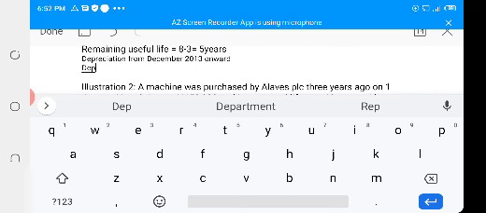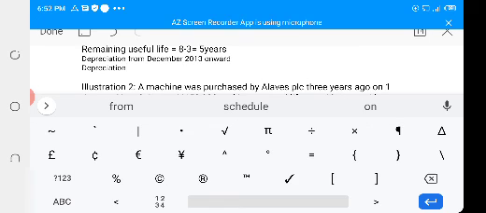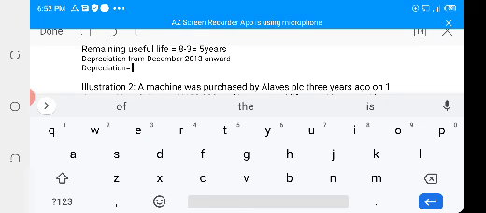The formula will be depreciation equals the carrying amount, because here we will look for the carrying amount.